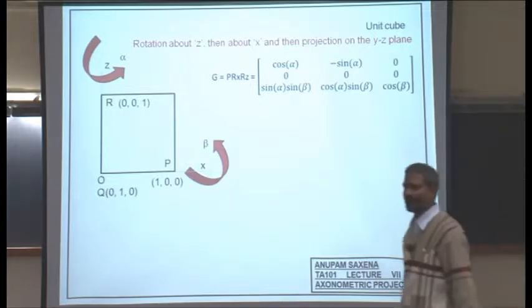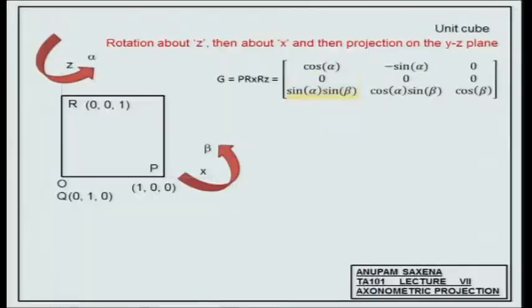Little bit of math would be boring. What do you have to say about this? These are the coordinates of P. These are the coordinates of Q, and these guys are the coordinates of R.